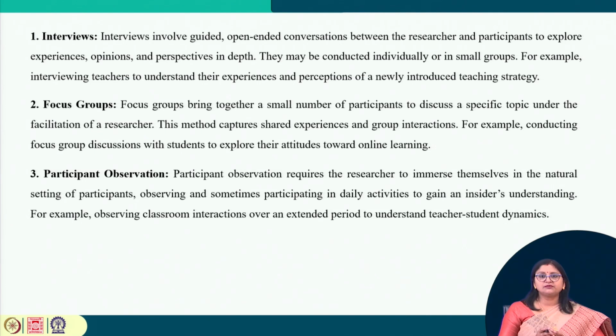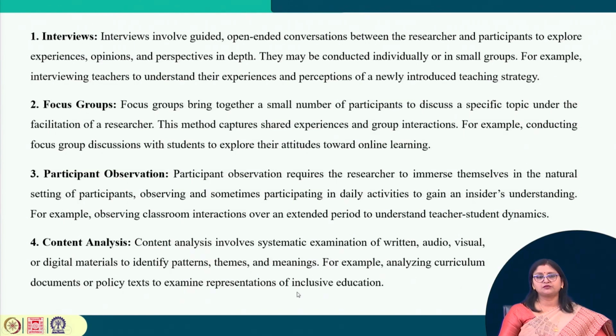This immersion is a tough task, but it is one of the more important aspects of qualitative research, observing and sometimes participating in daily activities to gain an insider's understanding, not told by the participants, but gained by experiencing. For example, observing classroom interactions over an extended period to understand teacher-student dynamics, and we use participant observation in ethnographic studies also.